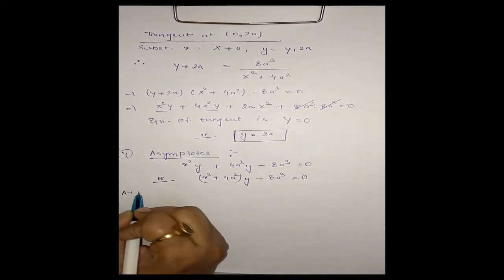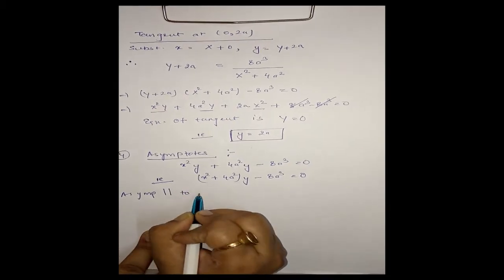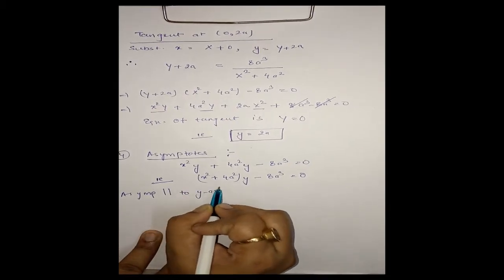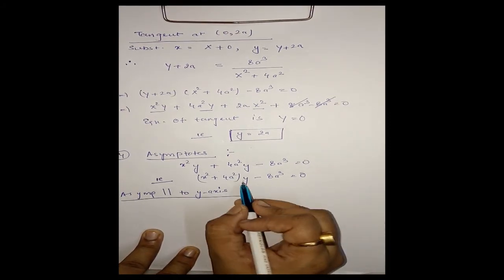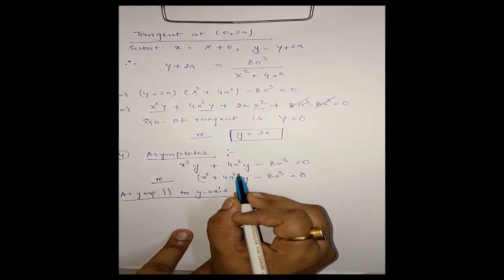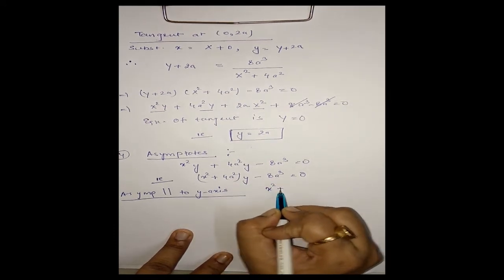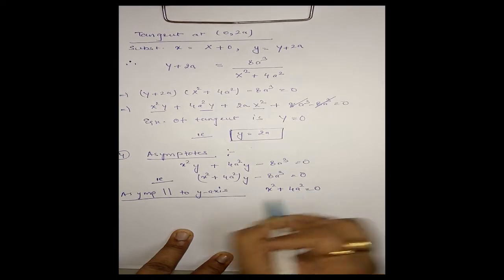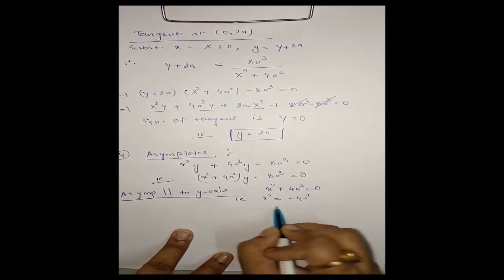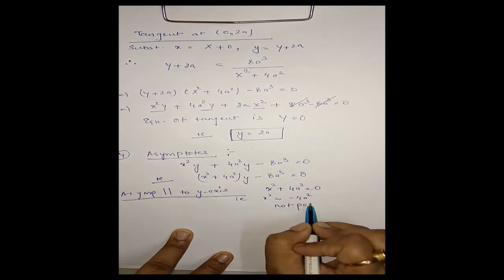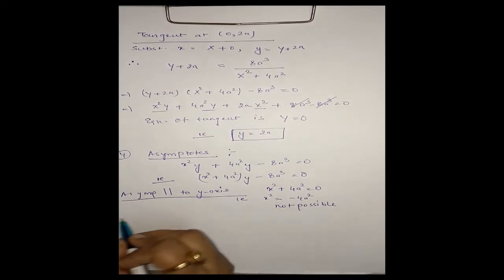Now, the asymptote parallel to the y-axis is obtained by equating to 0 the coefficient of the highest power of y. This is x square plus 4a square is equal to 0, that is x square is equal to minus 4a square, which is not possible. Therefore, no asymptote parallel to the y-axis.